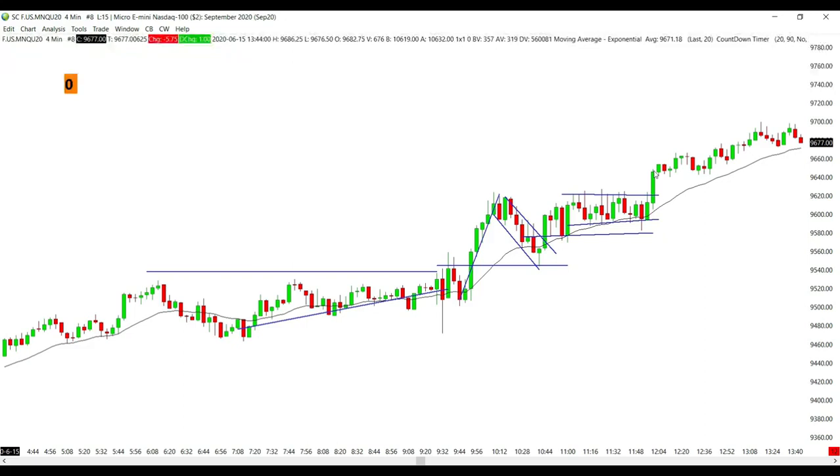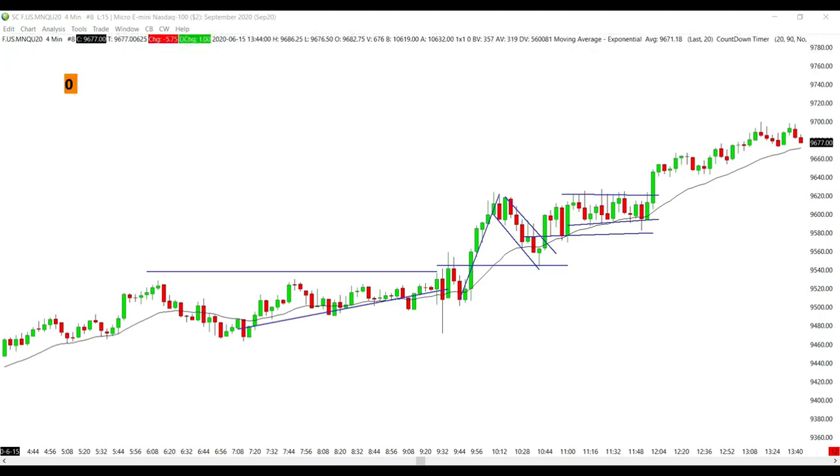I'm not even going for a 1-to-1 anymore. I'm actually going to go for a 2-to-1, because when the market breaks out of this, it's a strong possibility it's going to push the market up even more, and I can definitely look for a 2-to-1. So that's one way to hold longer when you are in the trade.